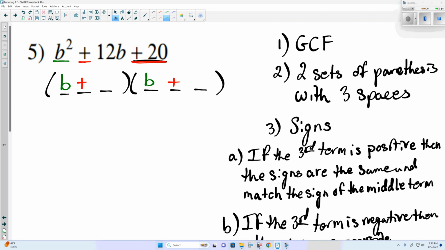Now, factors of 20, on the other hand, there's more than one, because we have 1 and 20. We also have 2 and 10. 3 doesn't work, but 4 and 5. So we have 3 sets of factors for 20. Which one do we want to try first? 2 and 10.